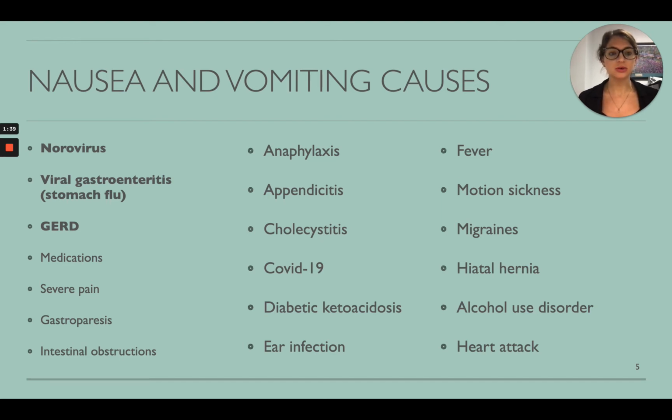These can be acute due to medications, severe pain, gastroparesis, intestinal obstructions, anaphylaxis, appendicitis, cholecystitis. COVID-19 patients may also have nausea and vomiting. Diabetic ketoacidosis, ear infections, fever, motion sickness, migraines, hiatal hernias, alcohol use, or heart attacks. So we will focus on the top 3 main ones.